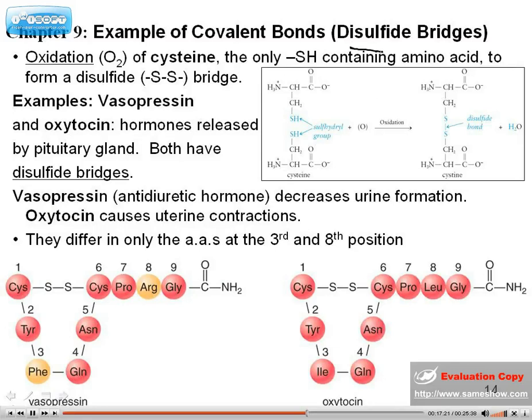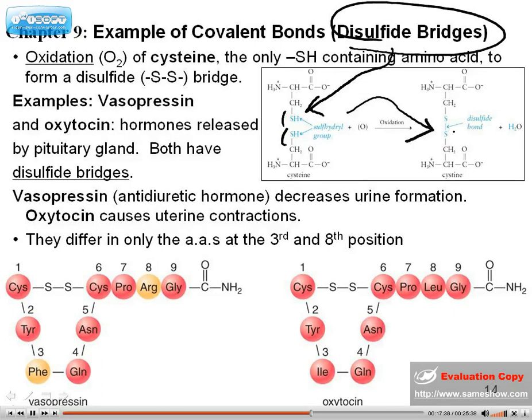Here is revisiting the disulfide bridges. So we start off with 2 aqueous cysteines. In this case, here we have our cysteines, and then they're going to go ahead and form a cysteine bridge, aka disulfide bridge.